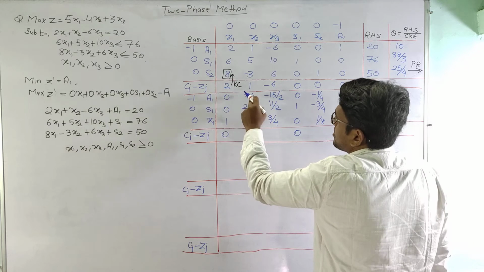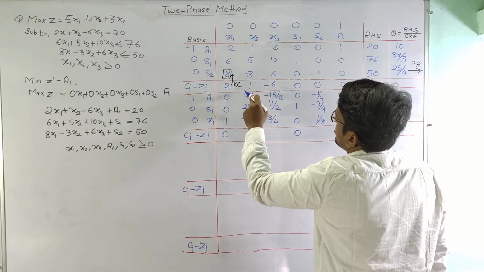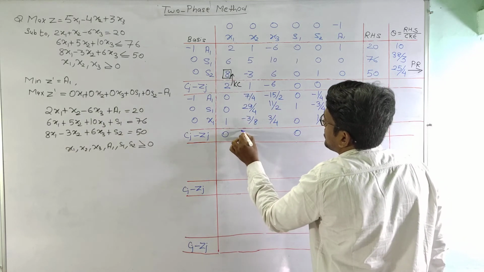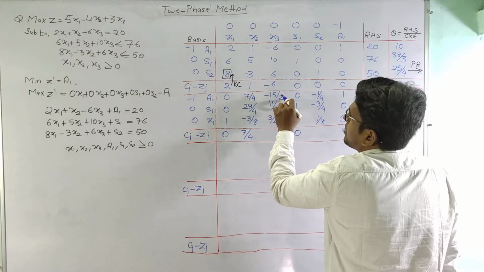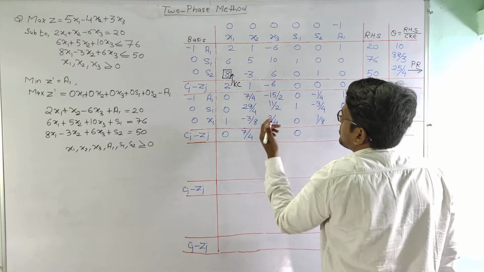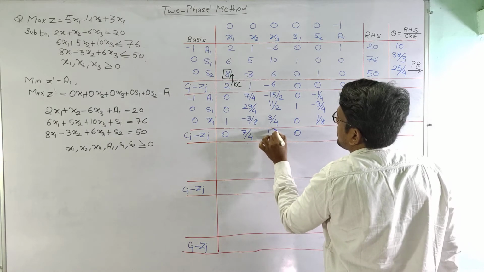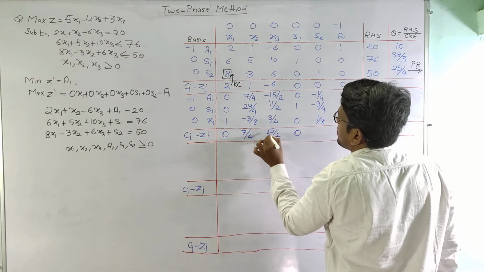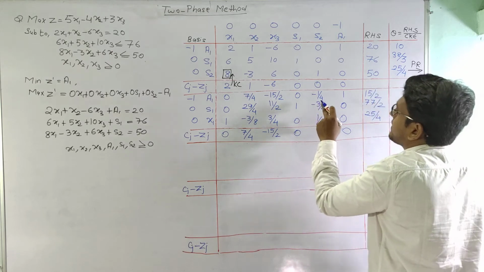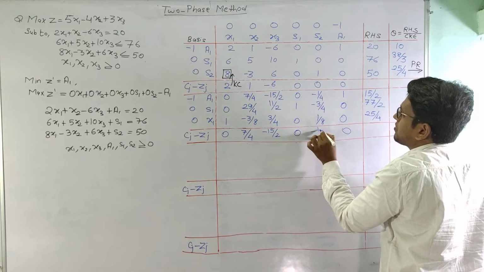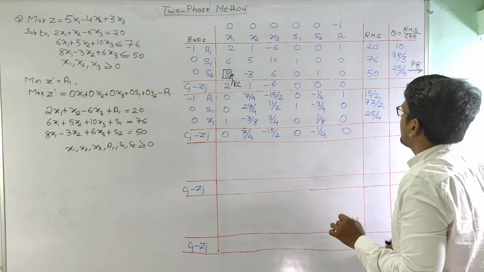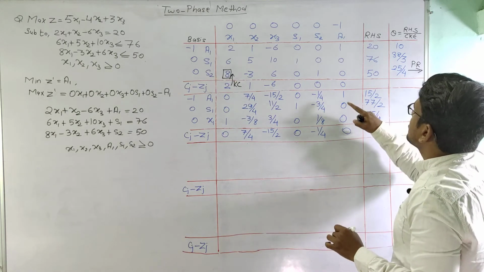Minus 7 by 4, minus of minus is plus, this will be plus 7 by 4, minus 15 by 2, this will be plus 15 by 2, and this is minus 1 by 4, this will be 1 by 4.